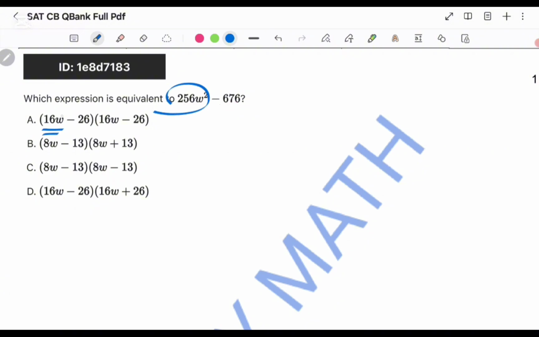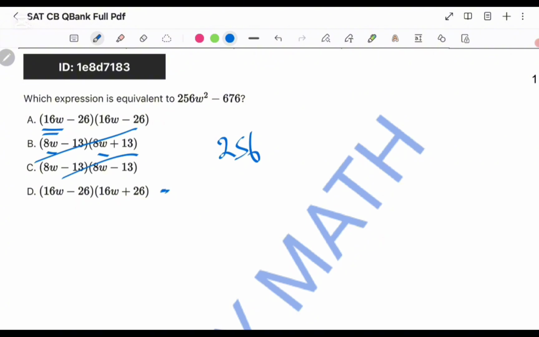If I multiply the 16w with the 16w, what's going to happen? On your calculator, do 16 times 16, you're going to have 256. However, if you do 8 times 8, you're going to get 64 and not 256. So directly you can ignore B and C and you can choose from either A or D. Now, which one do you think it is going to be?